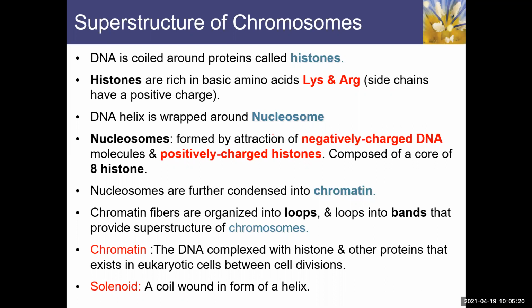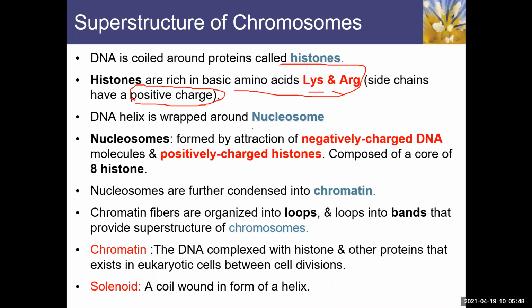Because, if you remember, I told you that histone proteins are very rich in the amino acids lysine and arginine, whose side chains have a lot of positive charge. DNA has a lot of negative charge because of the phosphate present in it.